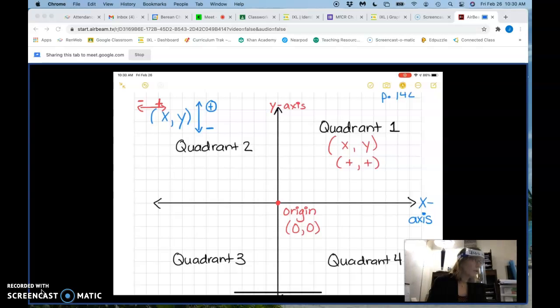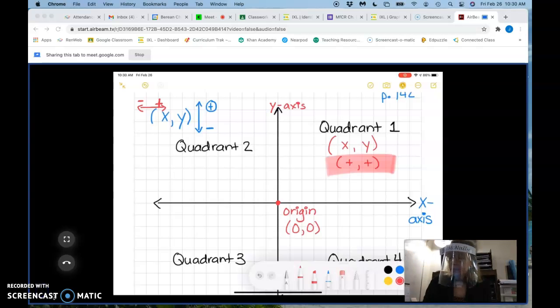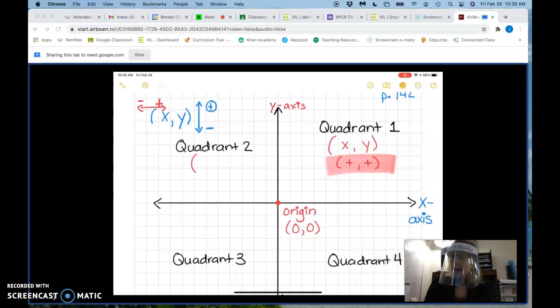I got a positive X and a positive Y. In quadrant 2, our X has moved to the left, so my X becomes negative, but my Y is going up, so it's still positive for quadrant 2. In quadrant 3, they're both going to be negative. And in quadrant 4, my X is positive and my Y is negative.